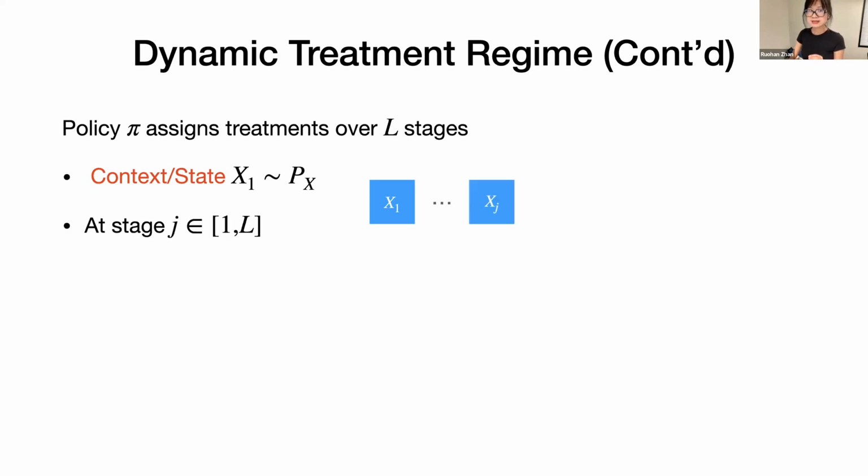To put it more mathematically, we have a policy pi that is used by the agent to assign the treatment over L stages. At the first stage, the agent will observe a context or an initial state x1 from some population distribution px. Here we assume that the environment is stationary, which means that px is fixed. Then at each stage j, the treatment or action tj is assigned based on the current state or context xj.